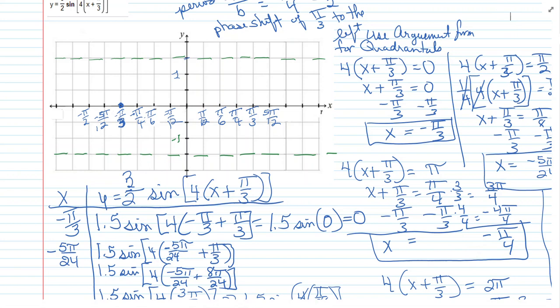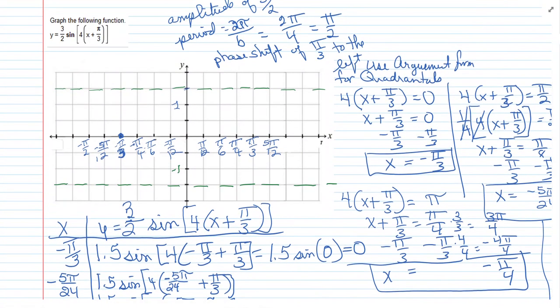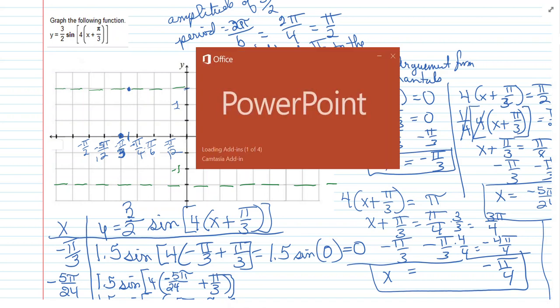Come on, pen. All right. So that would be in between, and I would have a negative 1.5. Then I would go to negative pi 12ths, and I would get 0.